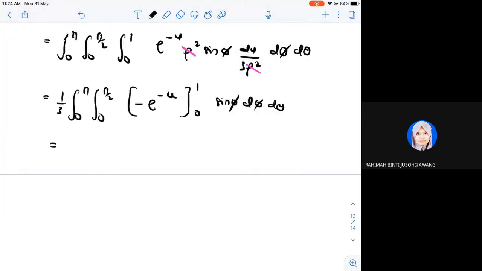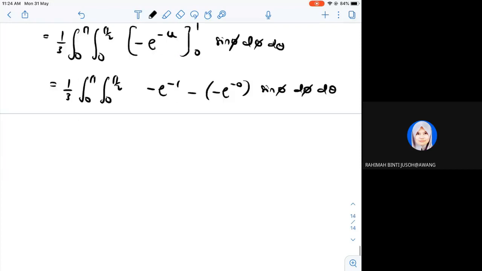And then we will have 0 to pi, 0 to pi over 2, negative exponent negative 1 minus negative exponent negative 0, sin phi d phi d theta. So this one is equivalent to 1. Positive negative becomes positive. The 1 minus exponent negative 1 can be taken out. So 1 over 3, 1 minus exponent negative 1.